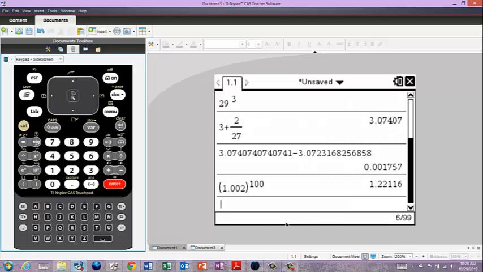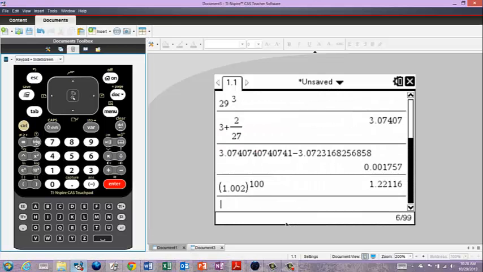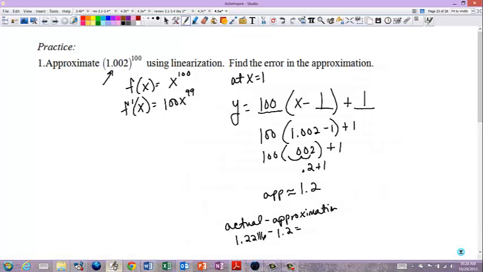Minus 1.2. So I get, I don't know what that is. I can't subtract. 0.02116. Yeah, I should have been able to figure that out. So 0.02116.